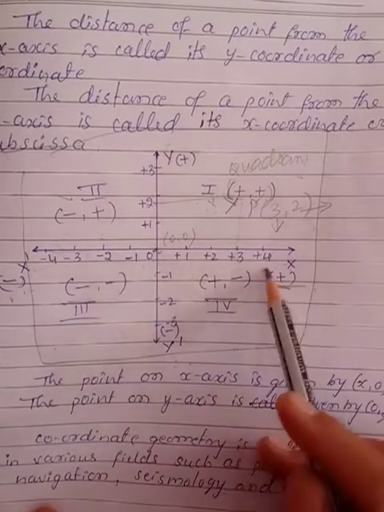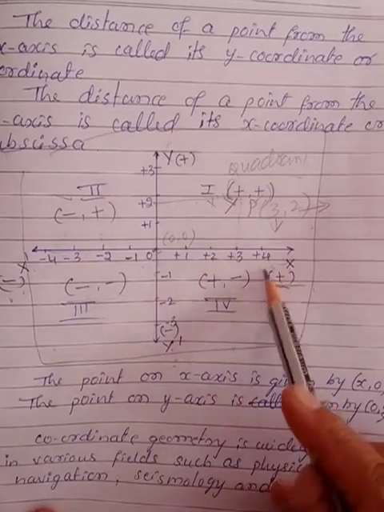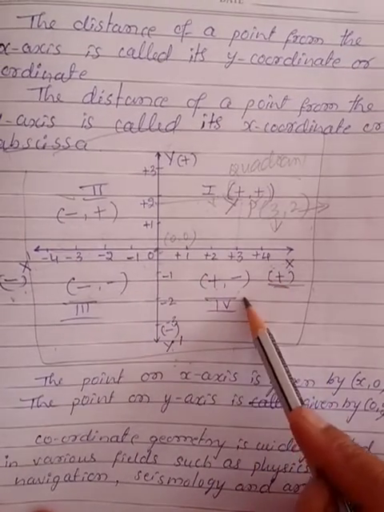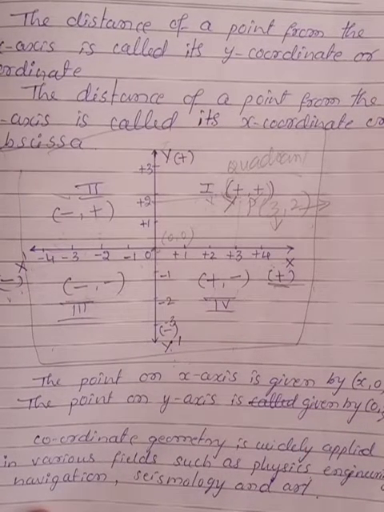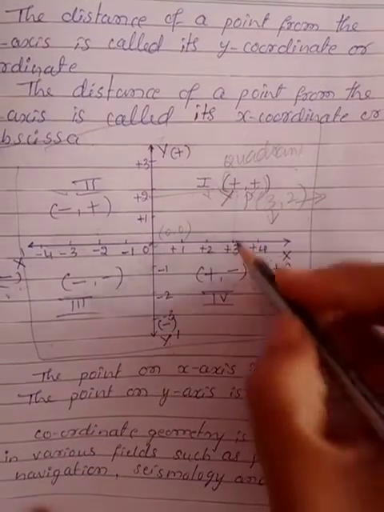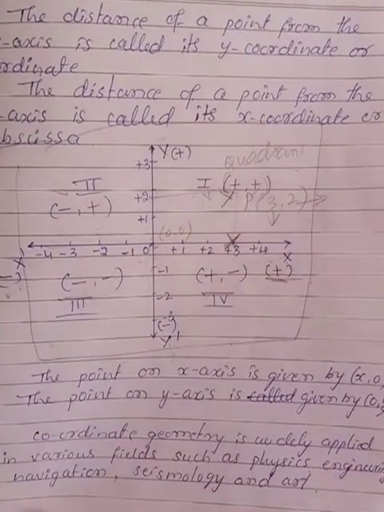Next, here it is plus and minus: the sign of x is plus, whereas the sign of y is minus. That's why it is plus, minus. Always remember, the x coordinate should come first and its sign should come first. Getting it?